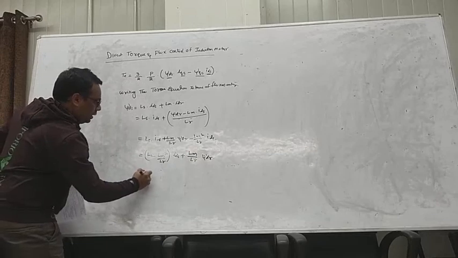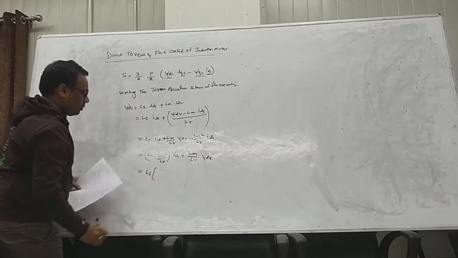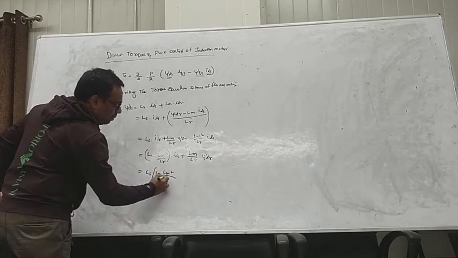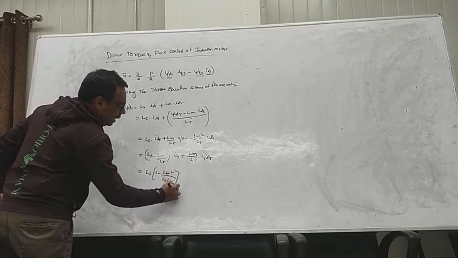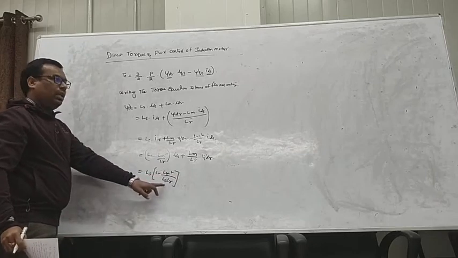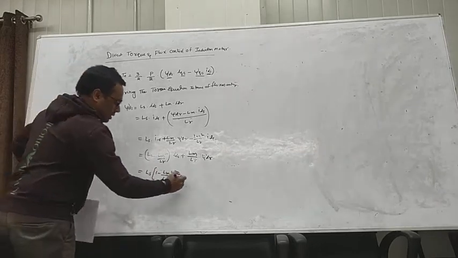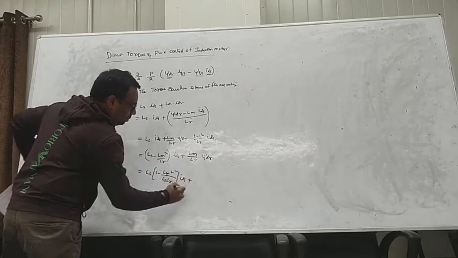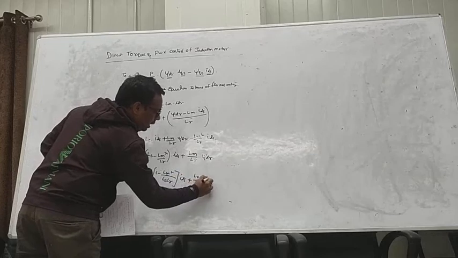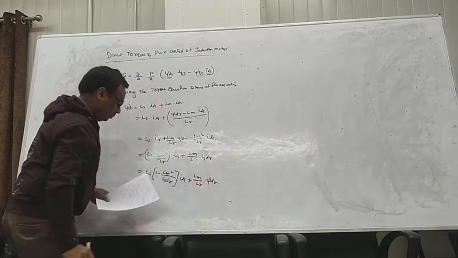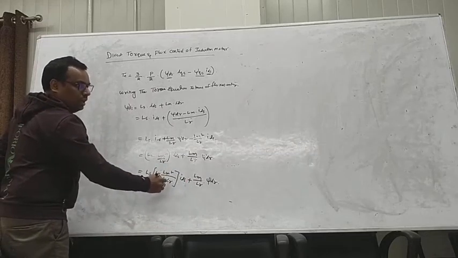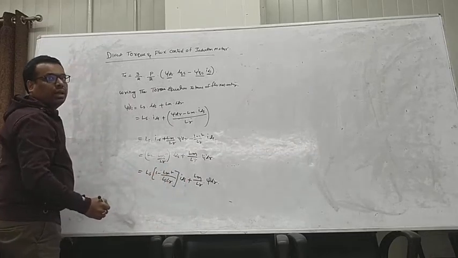If you further simplify this, Ls into 1 minus Lm square divided by Ls into Lr, into IDS plus Lm divided by Lr into psi dr. And this 1 minus Lm square by Ls into Lr is the leakage factor.